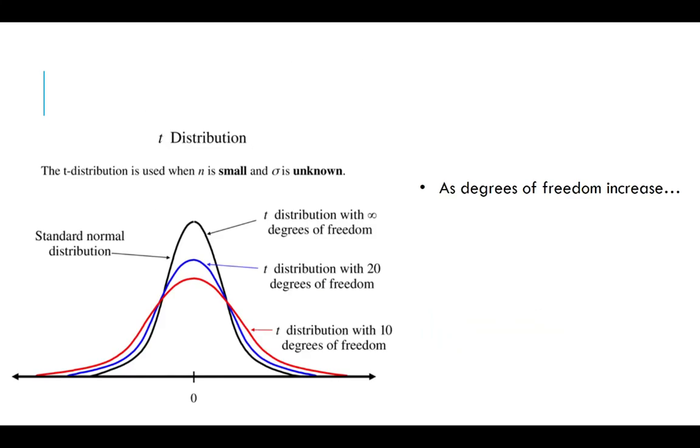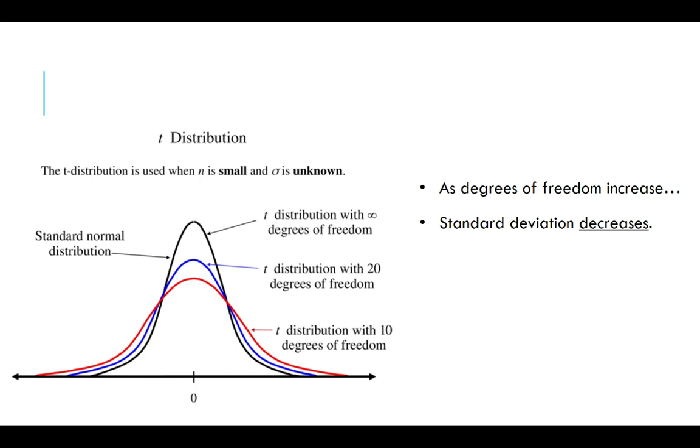As we see, as degrees of freedom increase, from red to blue to black, or from bottom to middle to top, the standard deviation decreases. Guys, how do I see the standard deviation decreasing? Remember, standard deviation is a measure of what? Spread, dispersion.